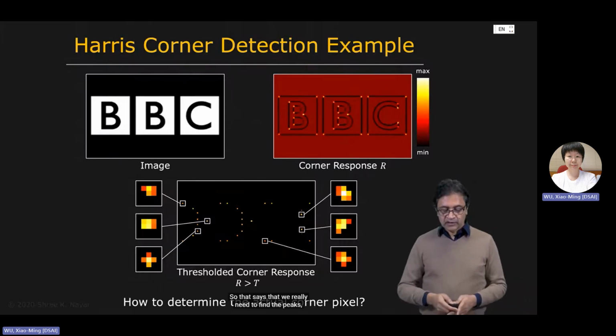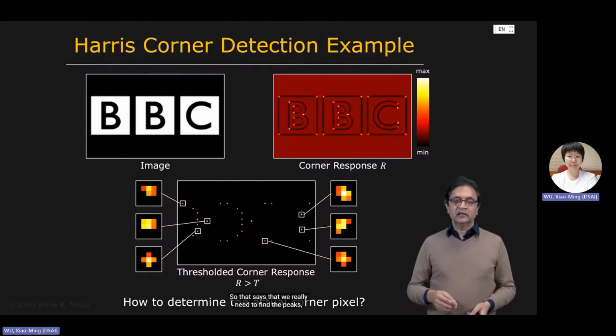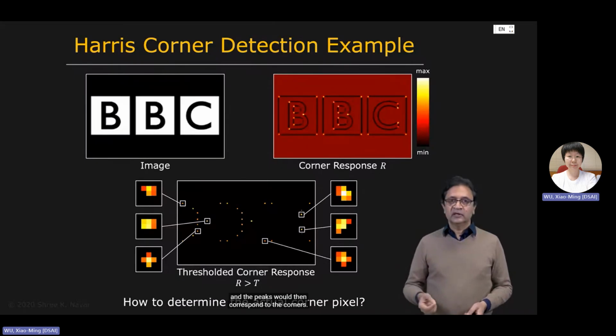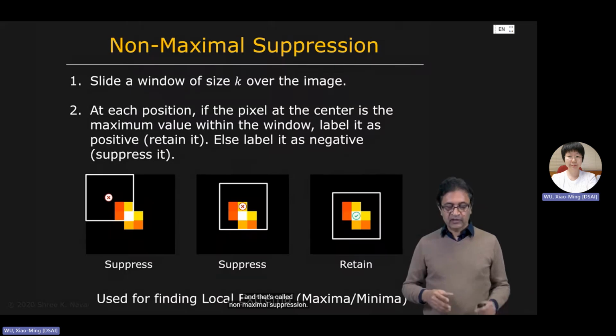So we really need to find the peaks, and the peaks would then correspond to the corners. This again is a problem that appears in many different domains. It's peak detection. And the method we're going to talk about now is useful in all of those different domains, and that's called non-maximal suppression.